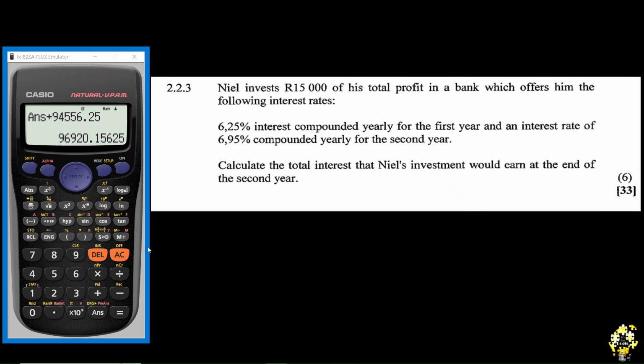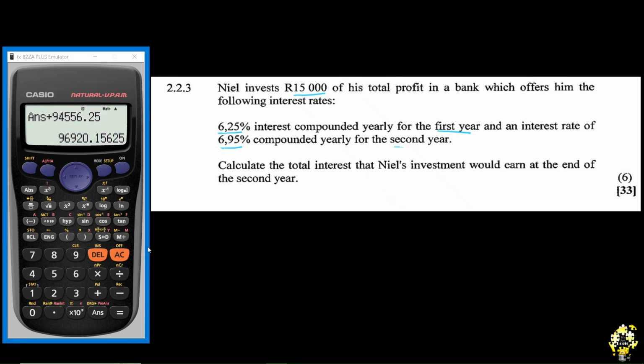Anyway, Neil invests 15,000 of his total profit in a bank. I want you to pay attention to this one because it looks different and it is different, and you need to apply different steps here. The bank offers him 6.25 interest compounded yearly for the first year, and for the second year an interest rate of 6.95 compounded yearly.